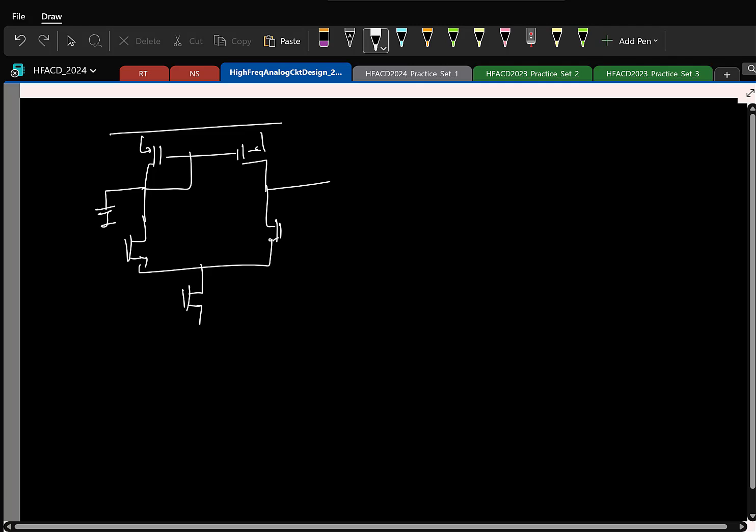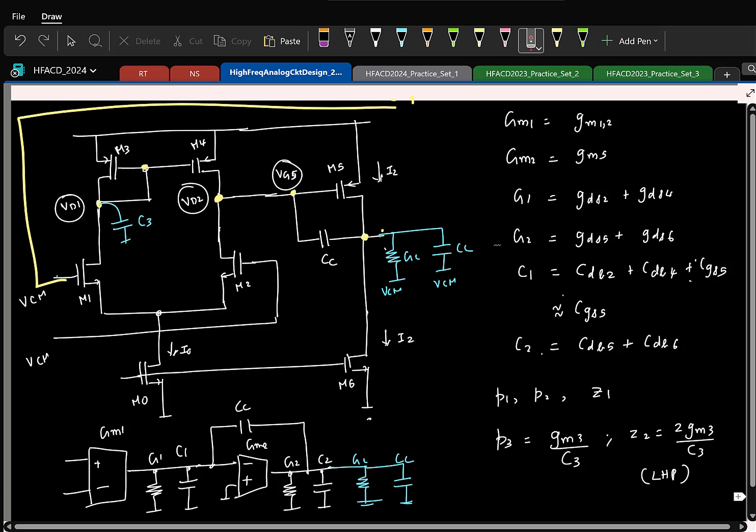If you find the thing, you have two paths, right? You have current coming from here, and you also have current coming from here. And this is an extra capacitance here contributing to a phase shift, and that added to a 0, and if you recollect, the location was this. So bottom line, you no longer have just the 2 poles and the RHP0 that you computed from this model.